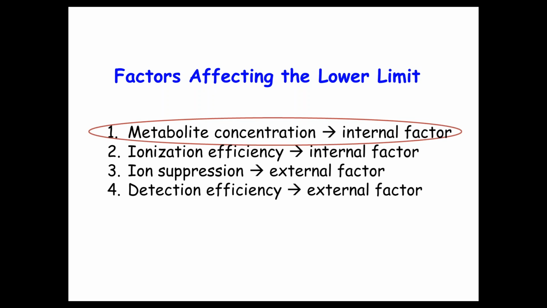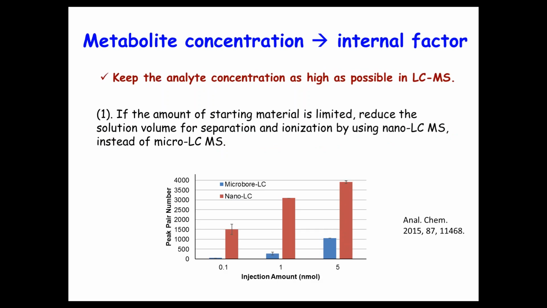First, metabolite concentration. In LC-MS, we would like to keep the analyte concentration as high as possible. If the amount of starting material is limited, we need to reduce the solution volume in order to keep the concentration high for separation and ionization.